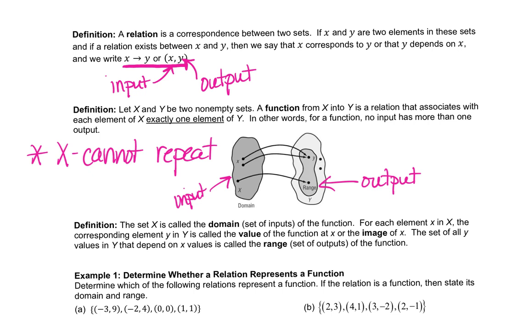I guess one example, let me see if I can fit this on here. If I did these two little sets here, so if I had an x value and then I had some y values over here, if it was like this, where the x repeats, this is not a function.